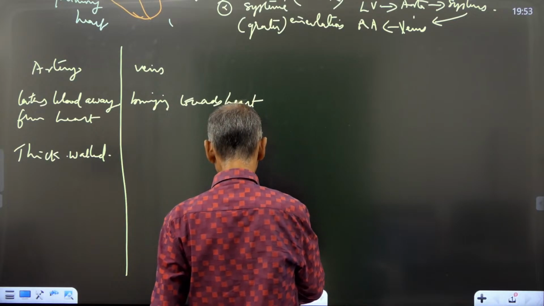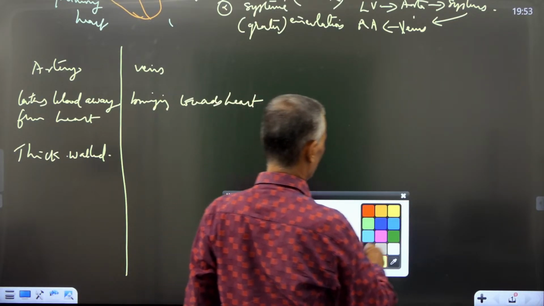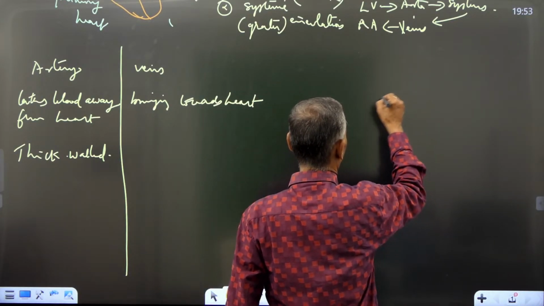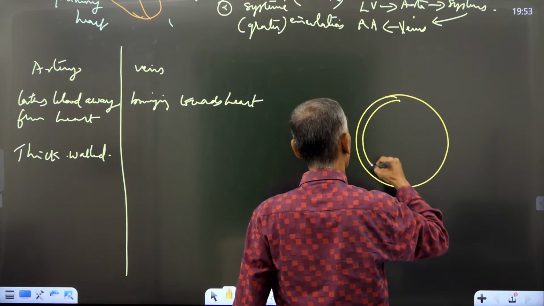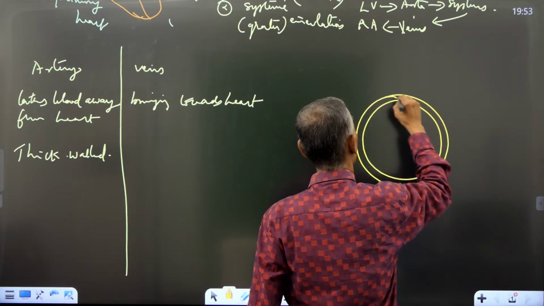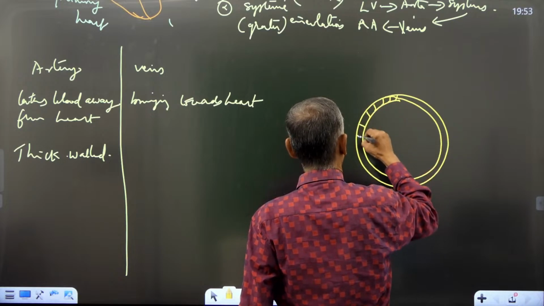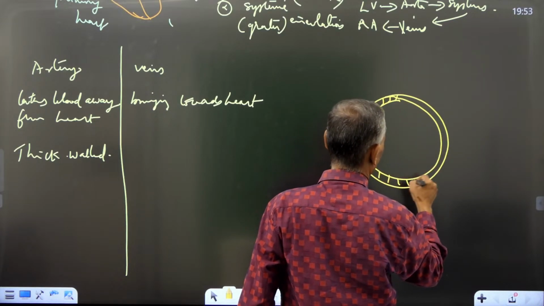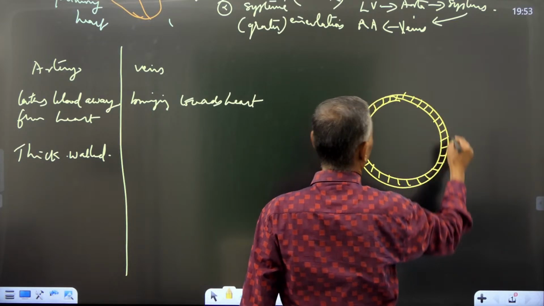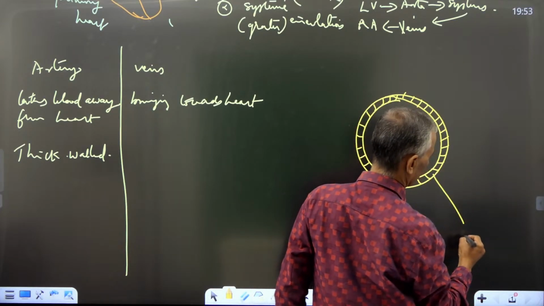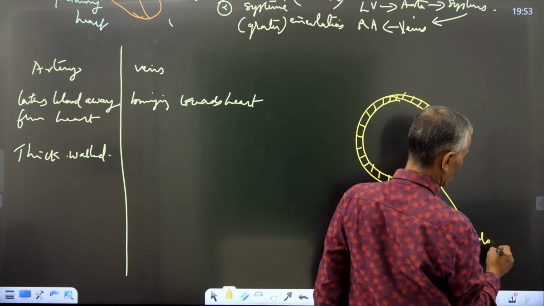The innermost layer is made up of a thin layer of flat squamous epithelium. It is called endothelium.